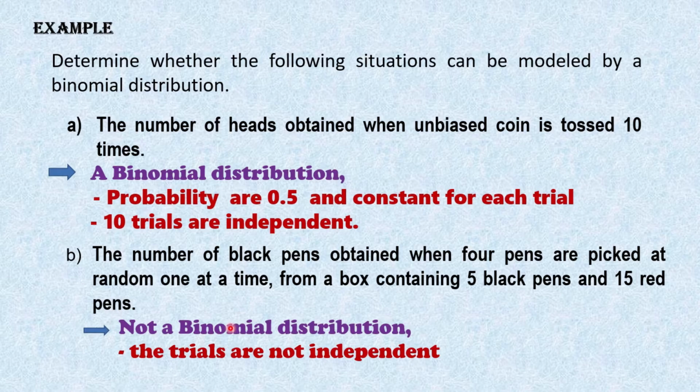So this is not a binomial distribution because for each trial, every time you pick a pen, the probability is not constant, okay, because you did not put the pen back into the box. So the trials are not independent.